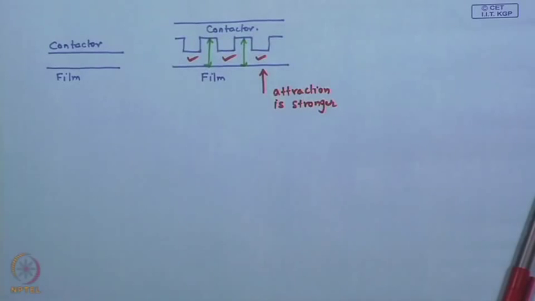So, one can talk about a simple grating, and instead of using a flat contactor, one can approach the film with a grating, let us say.